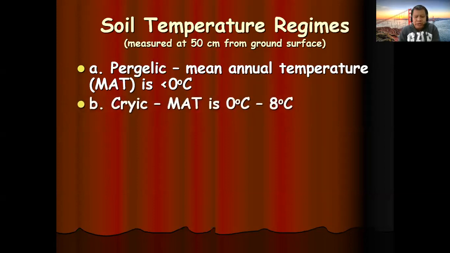Another soil temperature regime is cryic, when the mean annual temperature is between 0 degrees Celsius up to 8 degrees Celsius. So take note of that, the same temperature from the soil control section.